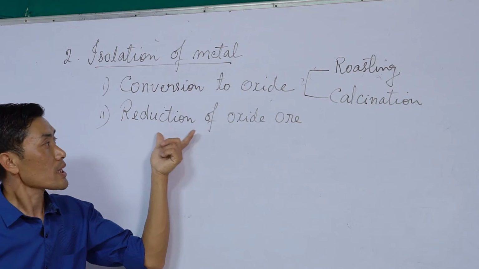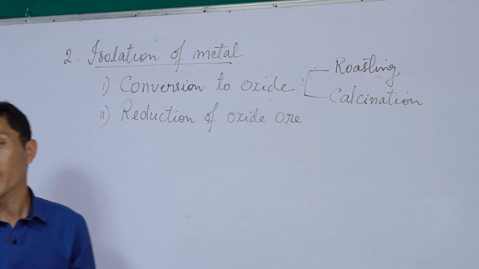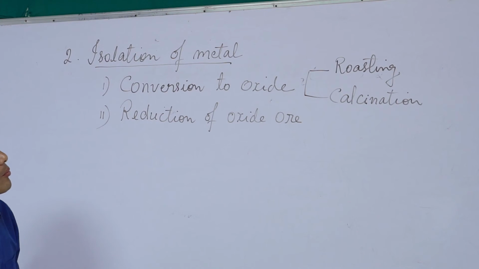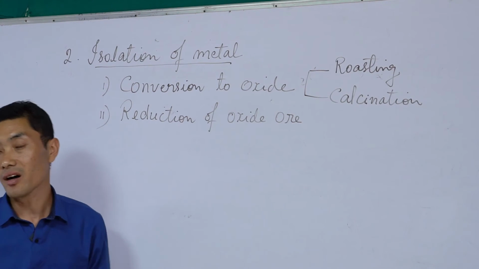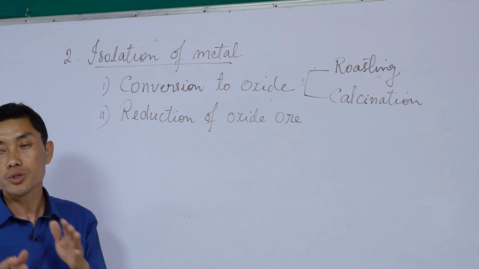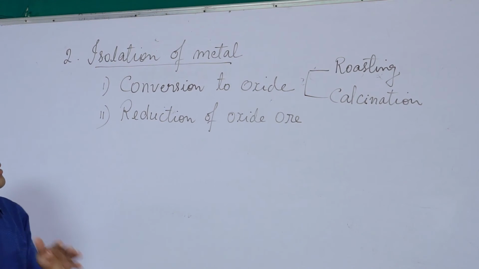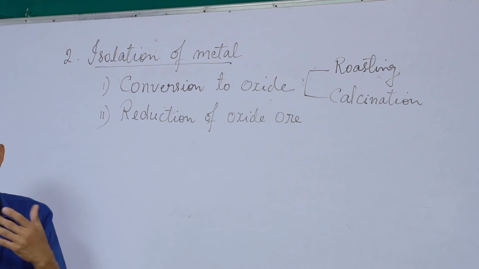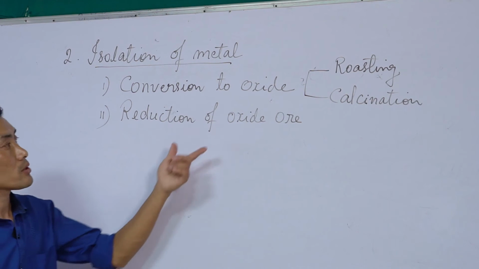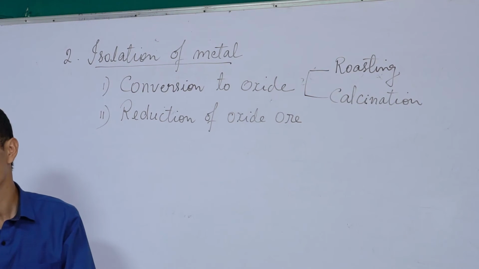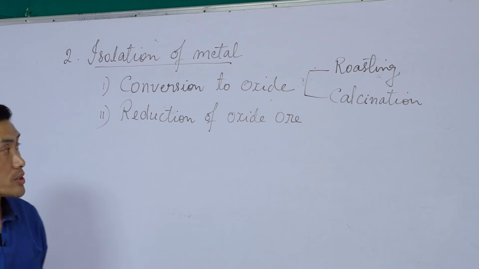So for reduction of the oxide ore also, we have different methods depending on the reactivity of the metal. For those metals which are less reactive, their oxide ores can be easily reduced by using carbon as a reducing agent.